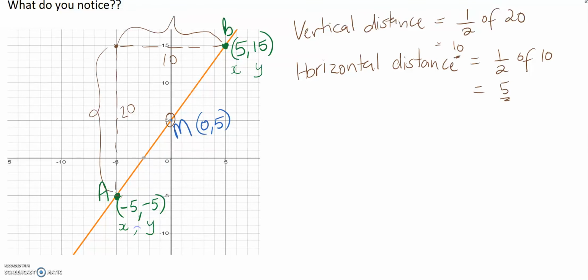To differentiate between the two, we write them as x1 and y1 and x2 and y2, so that we can differentiate between points A and B.